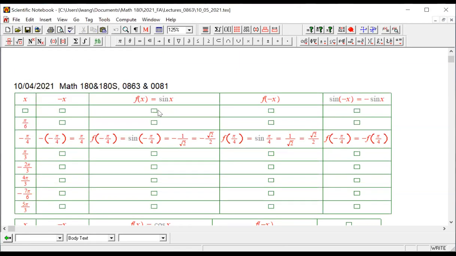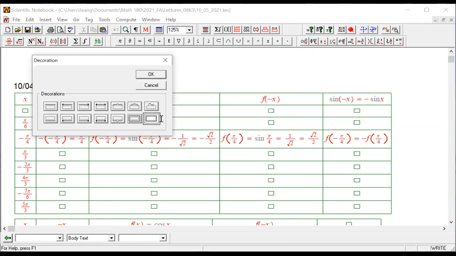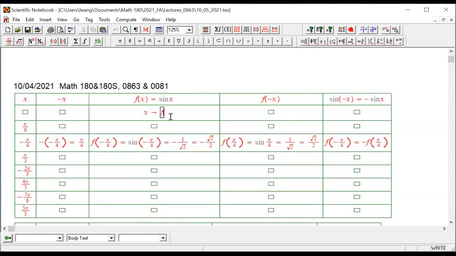Okay, with the understanding of all the meanings, right? So this is the x input, and the output is f of x. Over here, we have x first, and then we have a negative x, and then we apply the rule.